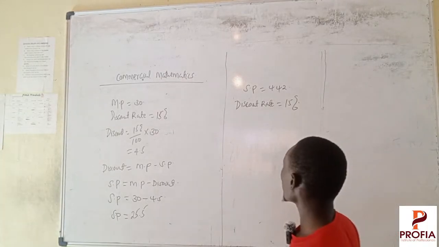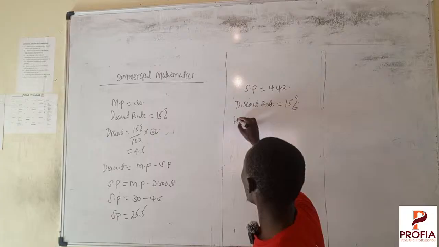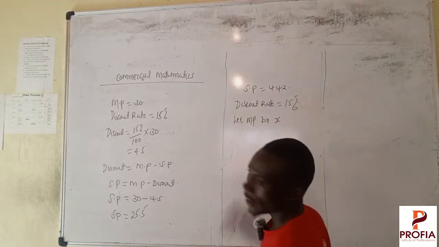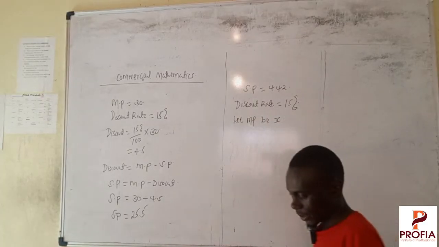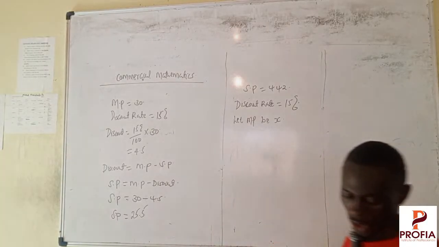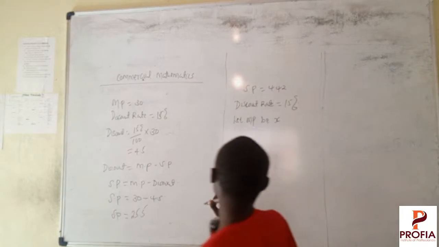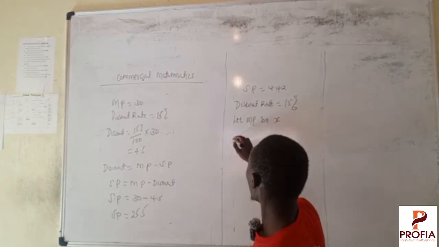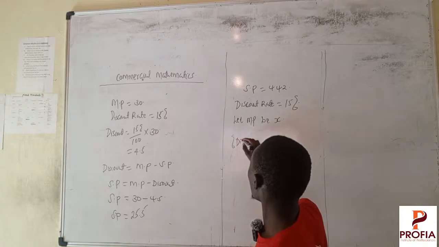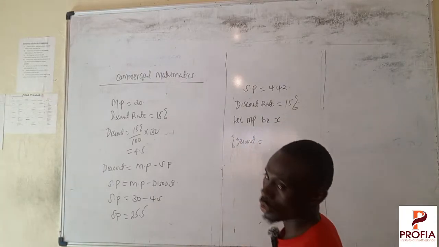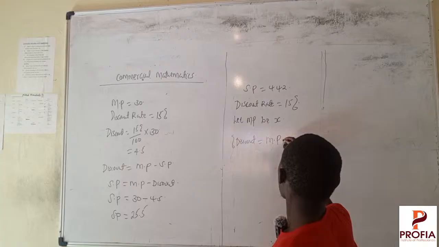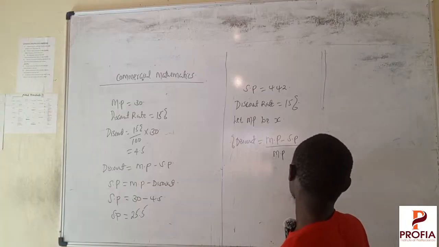So we can say, let the market price be X. And we know the formula for the percentage discount, which is our discount rate here: market price minus selling price, all over market price, times 100%.